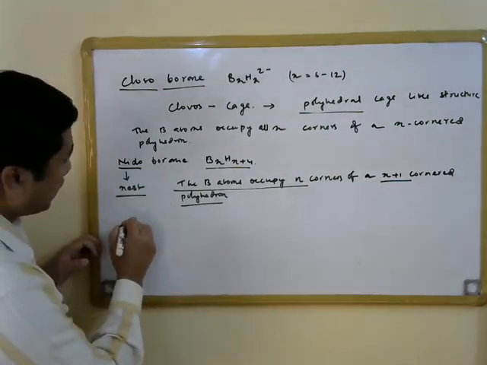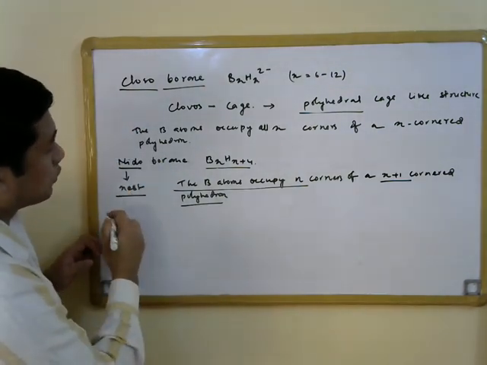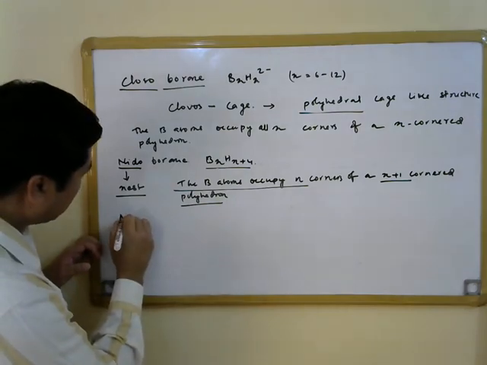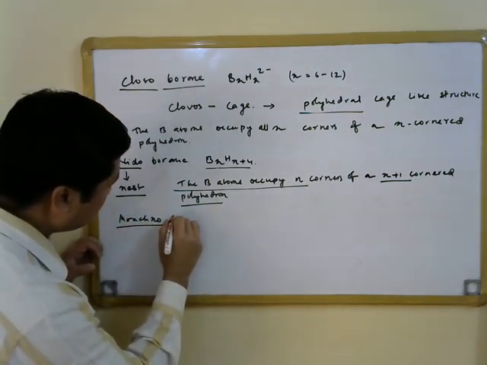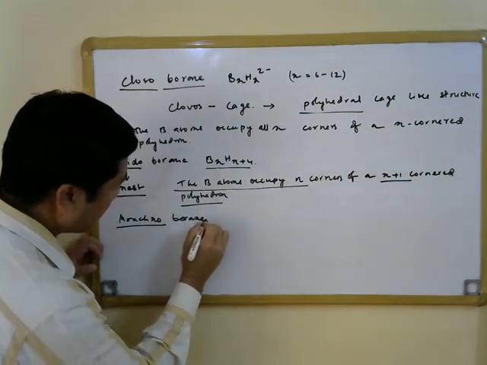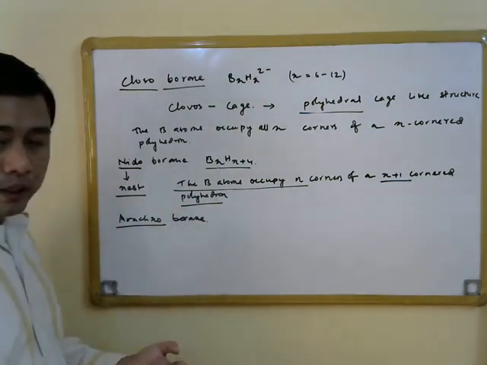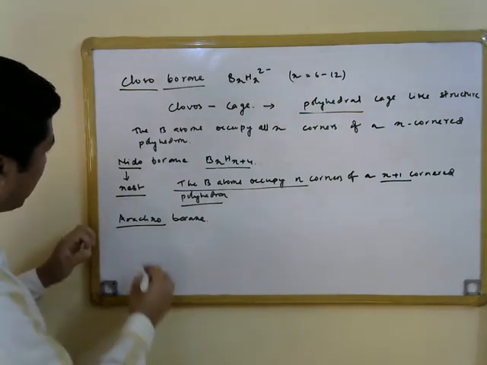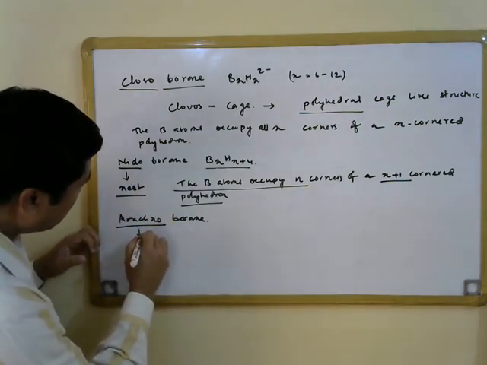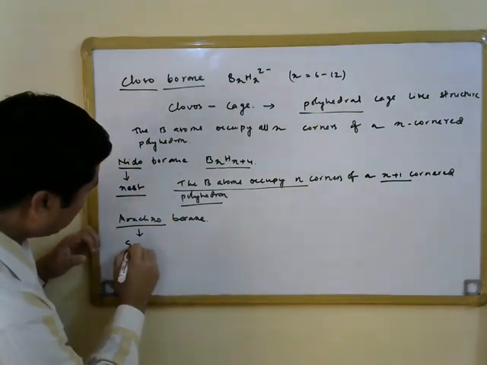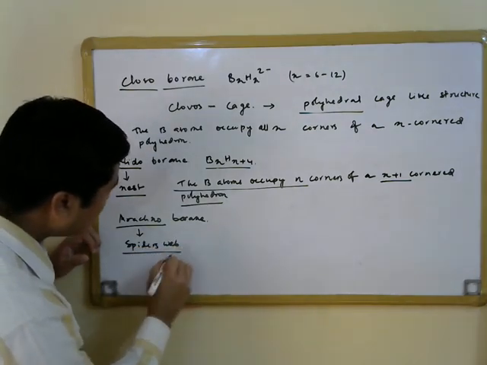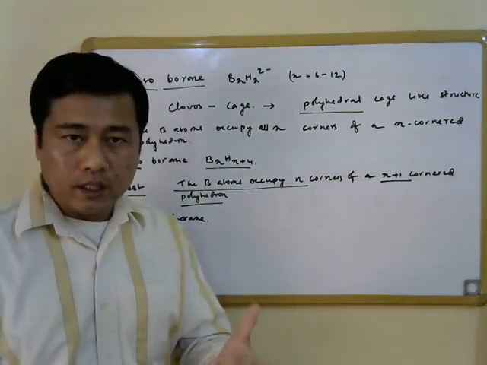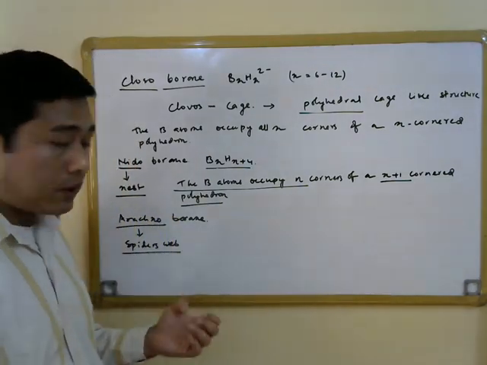So the next category or next series of borane molecules are known as arachnoborane, and arachno again comes from a Greek word called arachne, which stands for spider's web. So these borane molecules have a spider web-like structure.